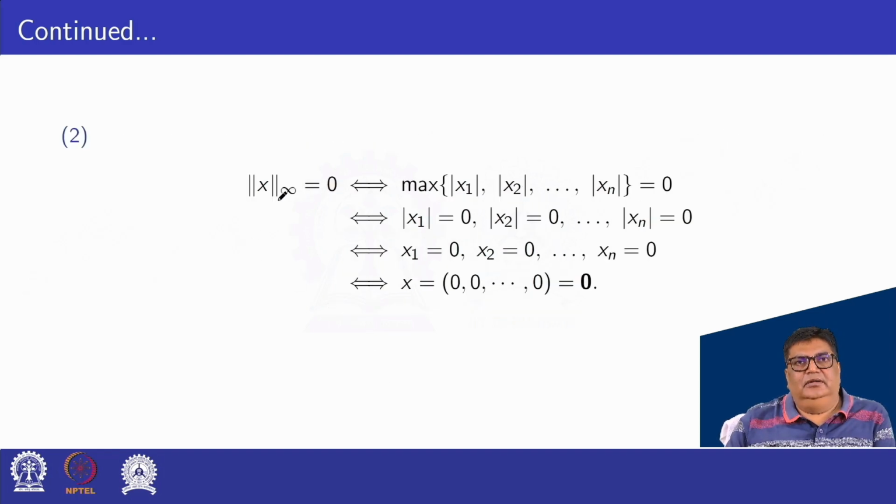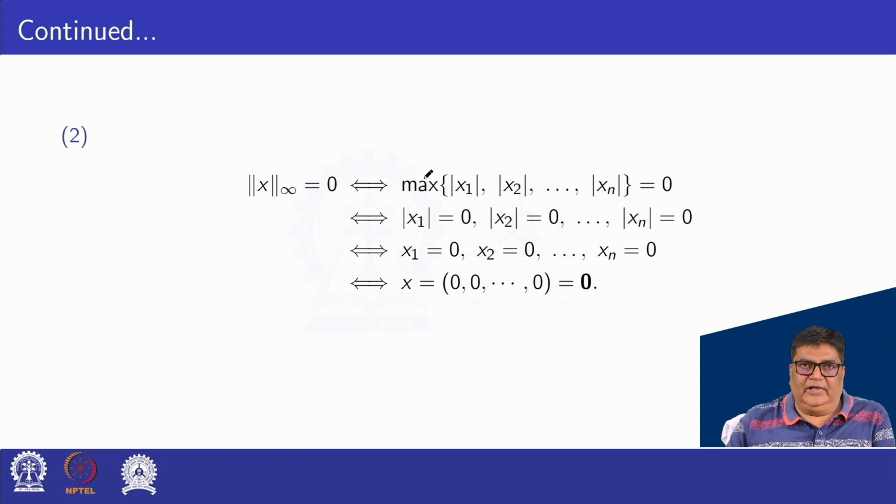Second, norm x infinity is equal to 0 if and only if max of |x1|, |x2| and so on |xn| is equal to 0, because norm x infinity is defined by the max of |x1|, |x2| and so on |xn|.